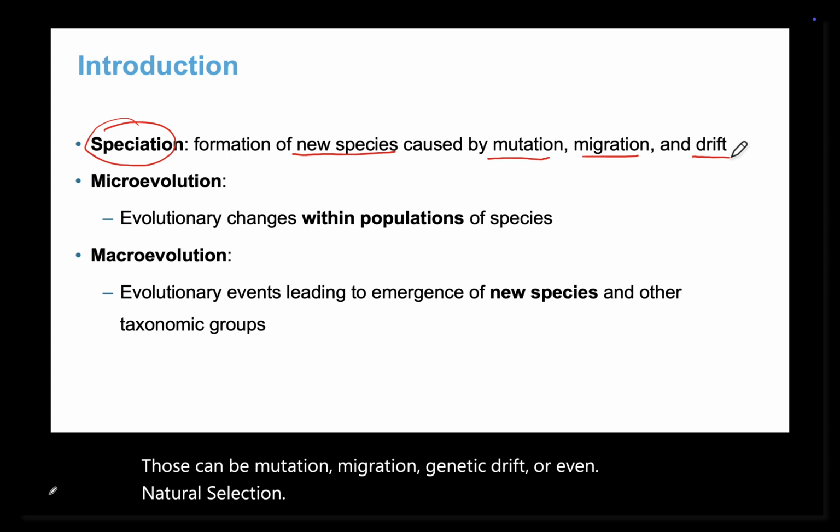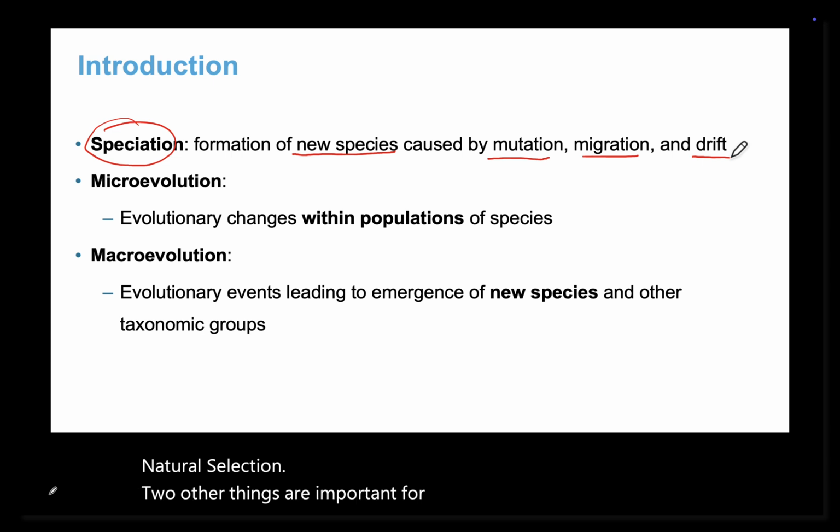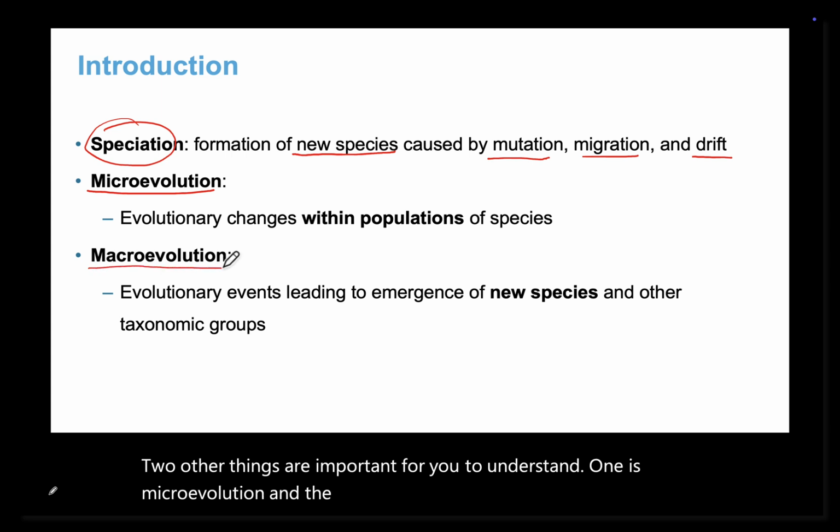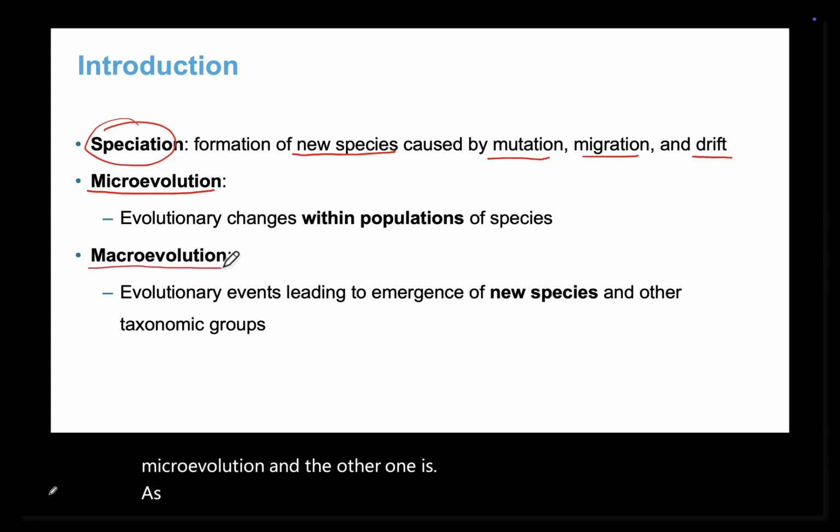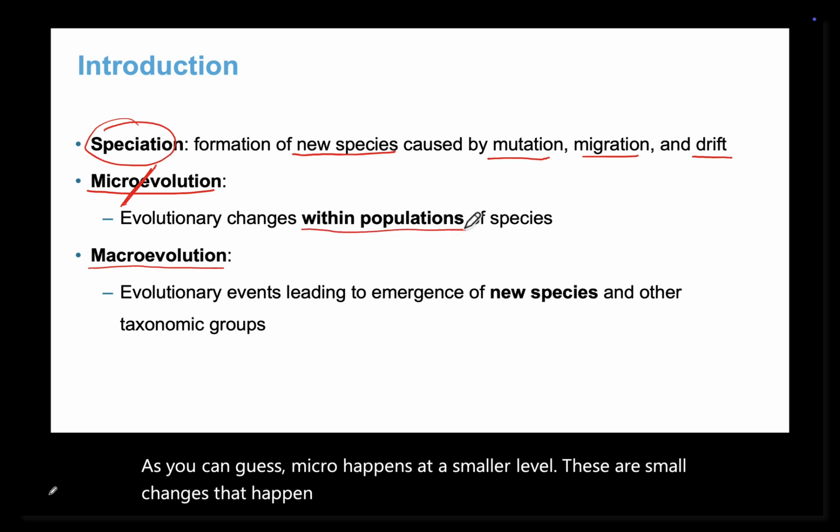Two other things are important for you to understand. One is microevolution, and the other one is macroevolution. As you can guess, micro happens at a smaller level. These are small changes that happen within the population of that species.